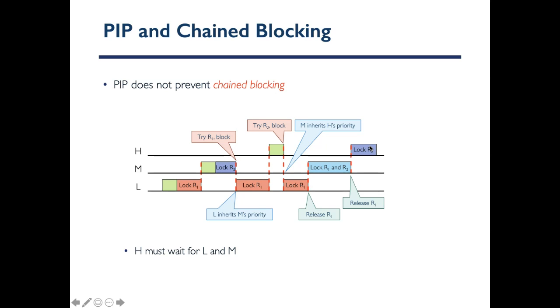Now, if you look at this case, although H didn't really have any resources in common with L, it still had to wait for both L and M, for both of them. So this is called chained blocking.